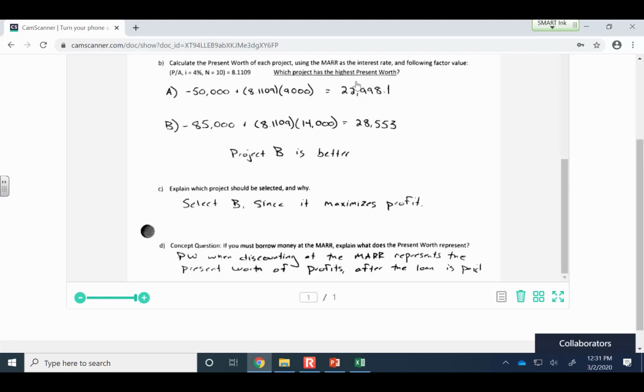So if we added up the total number of dollars, they're going to be a lot more than 23,000 or 28,000 in revenue. But what this represents is the present worth of those dollars that you get to keep when the bank's already been satisfied.